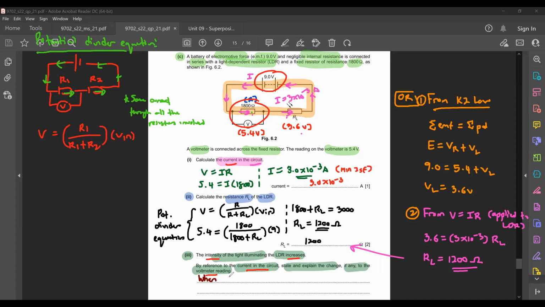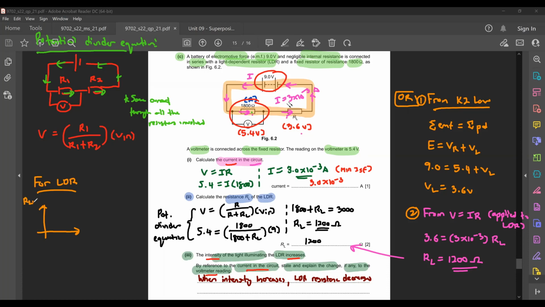When intensity increases, LDR resistance decreases. Okay, because if you're talking about resistance of LDR, recall that there's a graph that shows the variation of the resistance with light intensity.